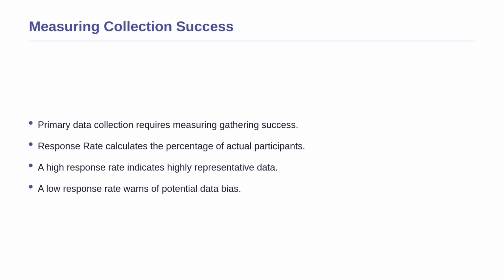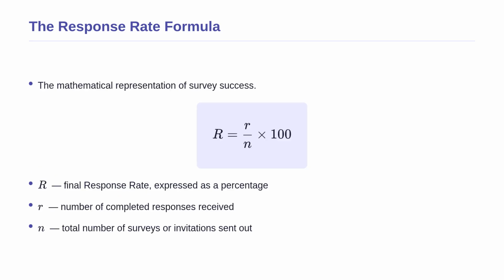A high response rate means our data is likely very representative of the population, giving us confidence in our findings. Conversely, a low response rate might mean our data is biased, warning us that we might only be hearing from a specific, vocal minority.